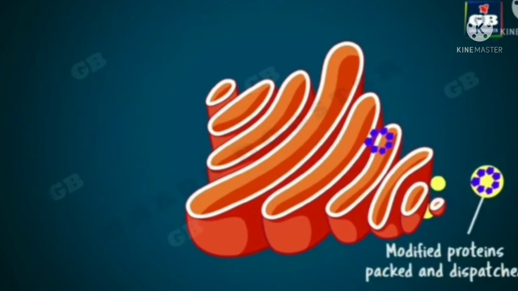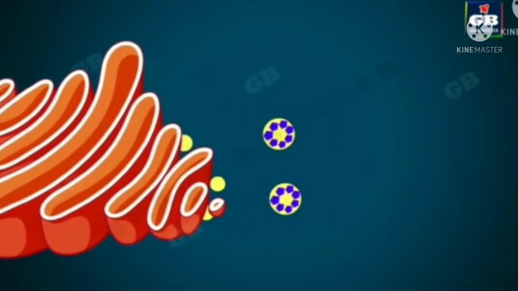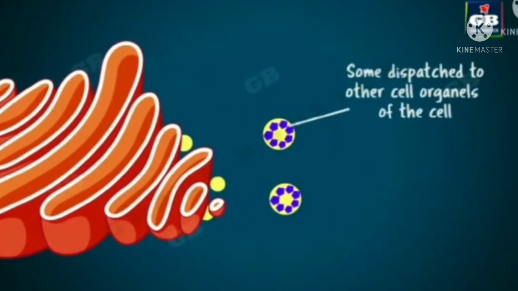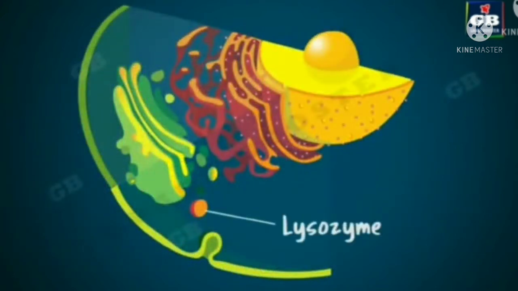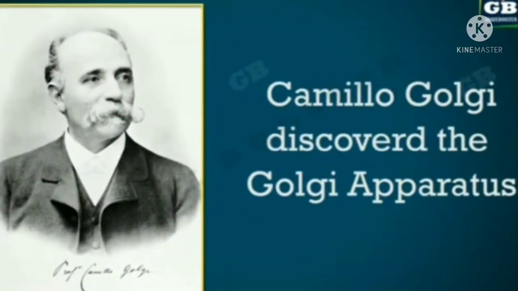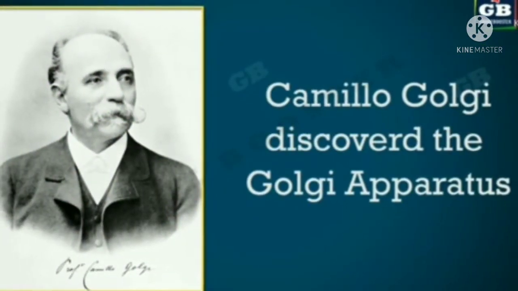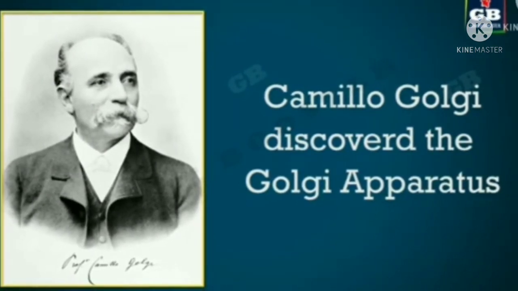It stores those vesicles for later use and dispatches them. These vesicles are delivered inside the cell to different organelles, or sometimes outside the cell to the target location. The lysosomes are also prepared in the Golgi apparatus. Camillo Golgi discovered the Golgi apparatus, and it was named after him.